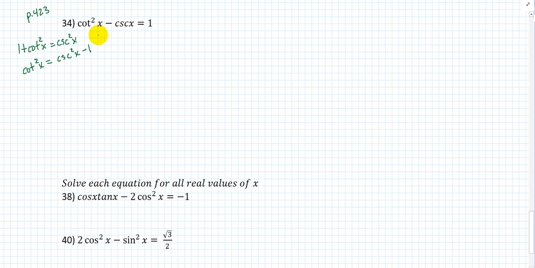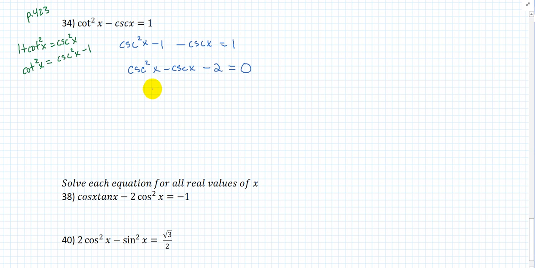So this is cotangent. If I convert that, I really have cosecant squared x minus 1, and then minus cosecant x equals 1. Then I could go cosecant squared x minus cosecant x, and if I subtract this over, I get minus 2, and that's equal to 0.